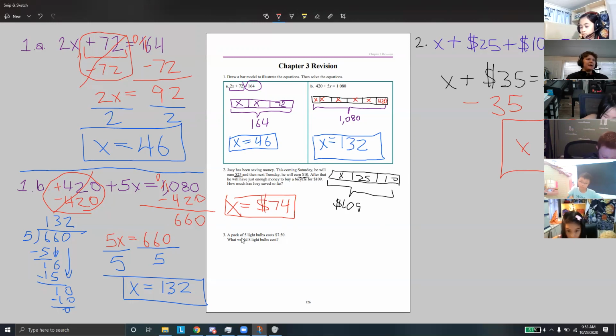A pack of 5 light bulbs cost $7.50. What would 8 light bulbs cost? I actually kind of want to show you guys a trick to doing this. But anyway, if we write this equation down, I'll draw a model as well, just so you guys can see it. 5 light bulbs cost $7.50, so we're going to have 5 boxes in here.